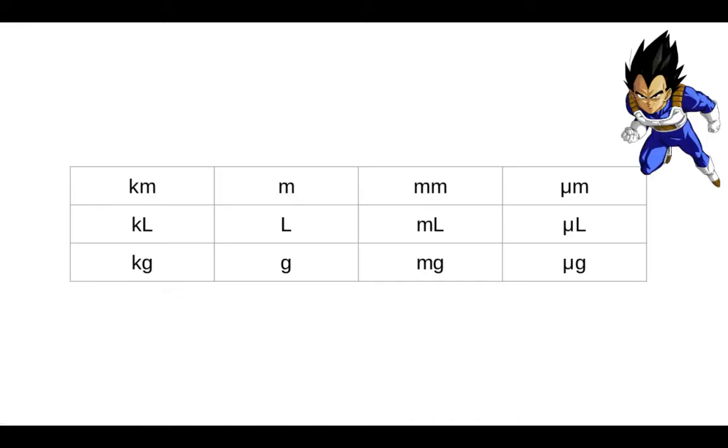This is a little table that I've made that will be really helpful. We did length, so kilometers, meters, millimeters, micrometers, but the same rules work for volume and weight. So for volume, kiloliters, liters, milliliters, microliters, and then for weight, kilograms, grams, milligrams, and micrograms.